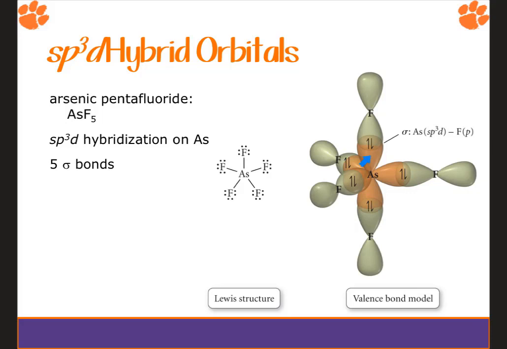And here that's going to be mixing of the sp3d hybrid orbital on the arsenic and just the unhybridized p orbital of the fluorine. Remember, we're only going to be looking at hybrid orbitals of central atoms here. So because it has 5 fluorines around it, it needs 5 hybrid orbitals, so sp3d.